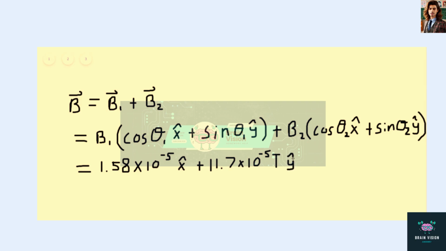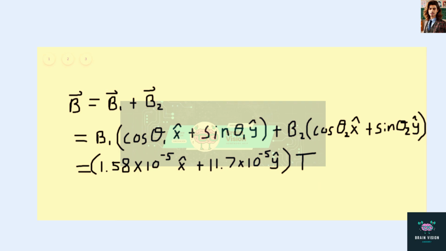Oh, and I forgot my units on the previous one. Since they both have the same units, why don't we just put the units on the outside of the parenthesis? They both have units of Tesla, so I'll just put Tesla on the outside.